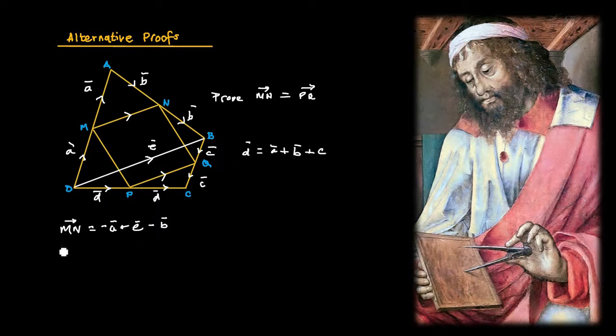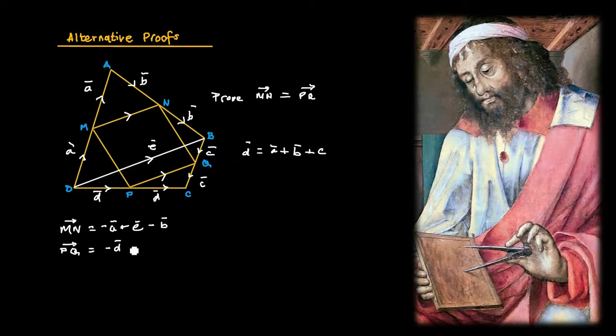Okay. Now, if I think about PQ, what have I got? I've got a very similar kind of thing. A similar route has now opened up. I've got this minus D. Okay.